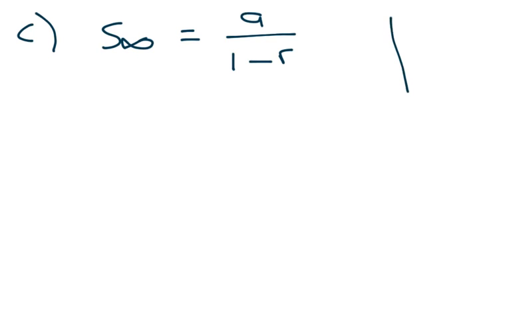So part C, so we have our formula. We have S of infinity is equal to A over 1 minus R. Now, because on our graph, the ball starts like this and then does bounces like this, the first term here is irregular because it doesn't include the up motion.